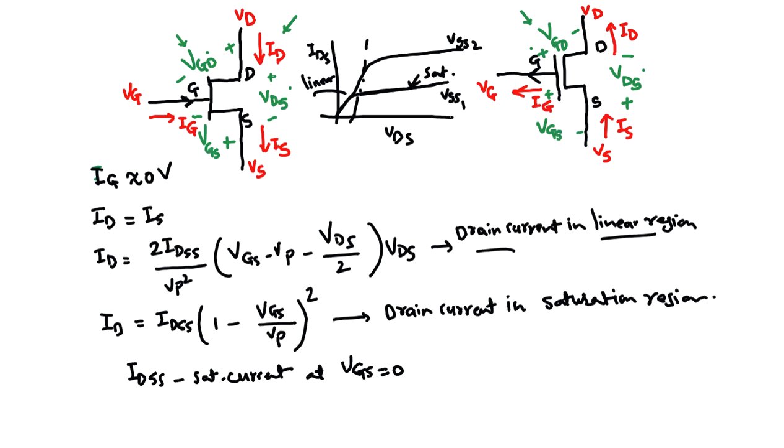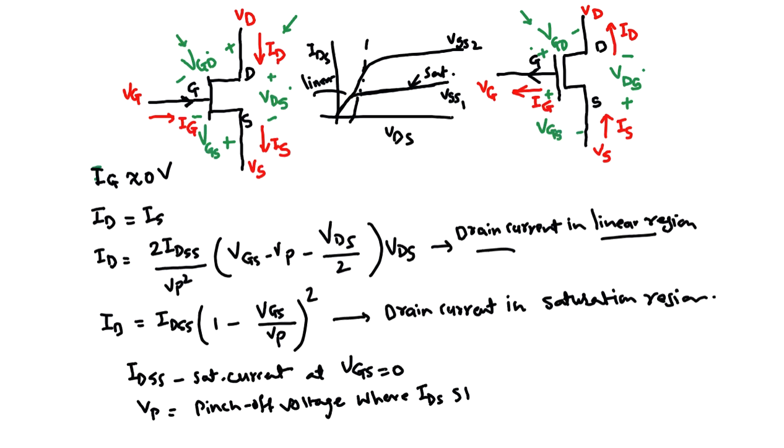What is VP here? VP is the pinch off voltage, where the drain to source current stops. Where the drain to source current, that is IDS, stops.